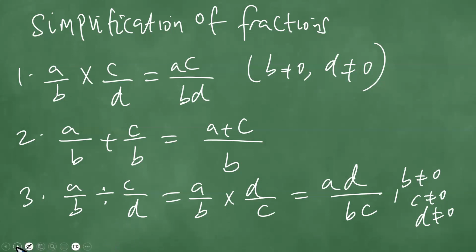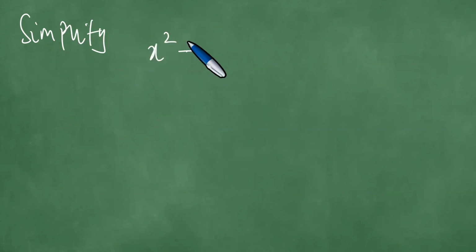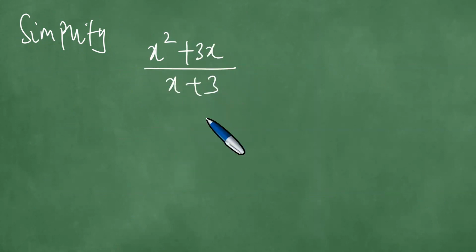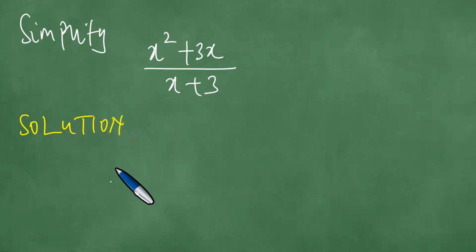Simplify this one. x squared plus 3x divided by x plus 3. Okay, what is the answer here? How do we simplify it? At the top, you take out a common factor.